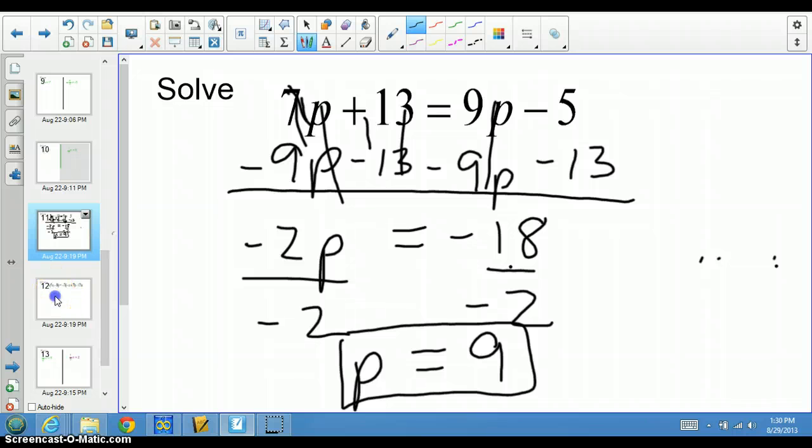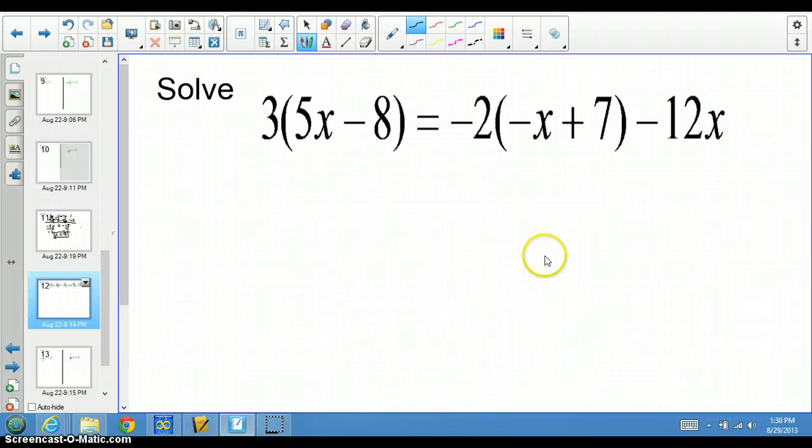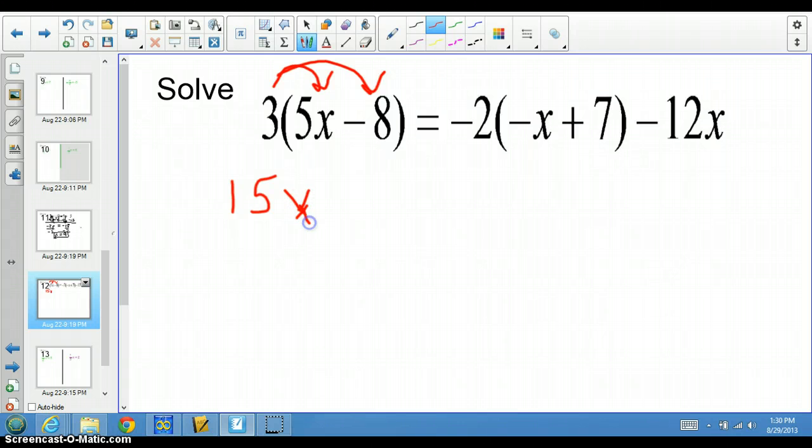Now this next one, I have to distribute, okay, the 3 to both terms inside the parentheses on the left side. So 3 times 5 is 15x. 3 times negative 8 is negative 24. Then I'm also going to have to distribute the negative 2 to everything on the right side.